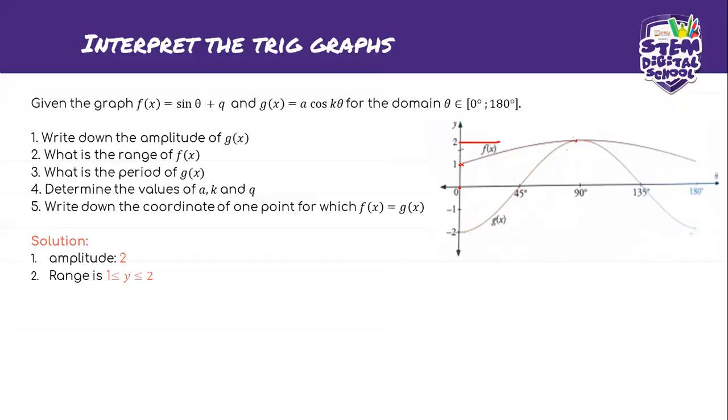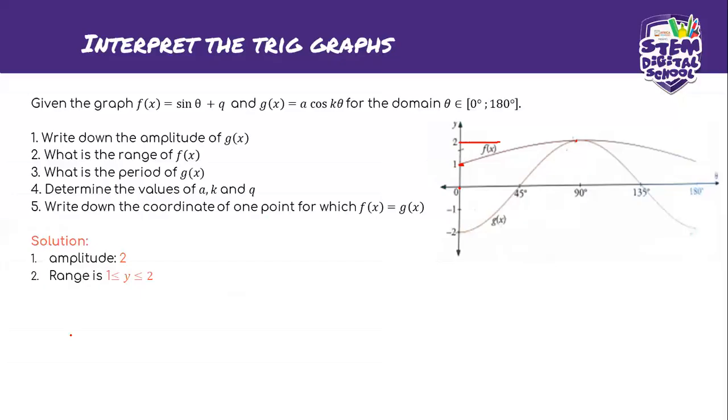And then also this point here. So our graph ranges between these two values, 1 and 2, right? That is the correct answer for the range.